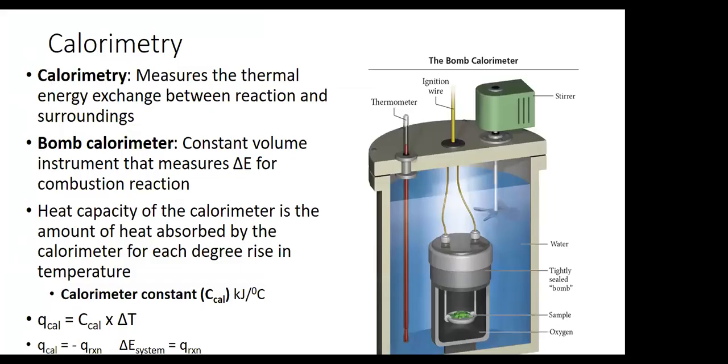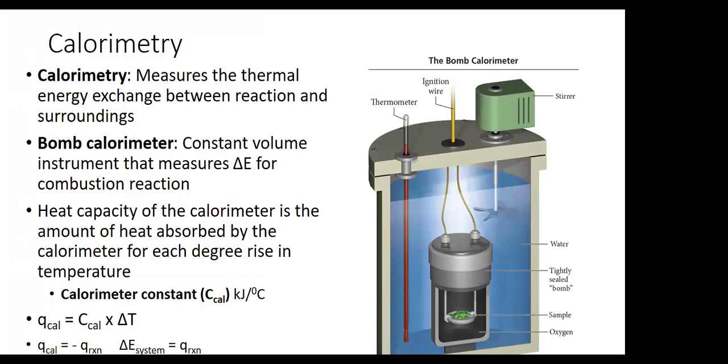What we're going to talk about now is calorimetry. If you've ever looked at the back of a candy bar or basically any food, and you've wondered, how do they know how many calories are in this food? One of the ways you could do that is called calorimetry.